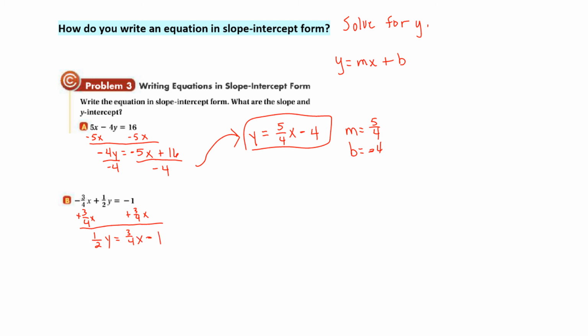Then to finish getting that y by itself, I'm going to multiply both sides by 2, which gives me y equals 2 times 3/4 is 6/4, which simplifies to 3/2 x, and then 2 times -1 would be -2. So I'd have y equals 3/2 x minus 2. So I'd have a slope of 3/2, and my y-intercept, my b, is -2.